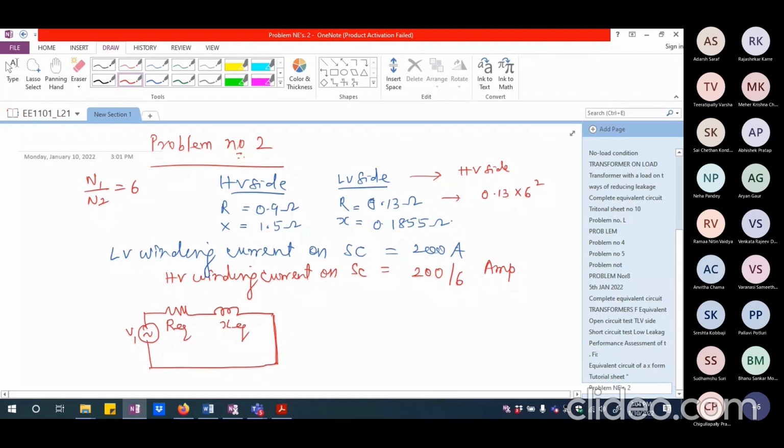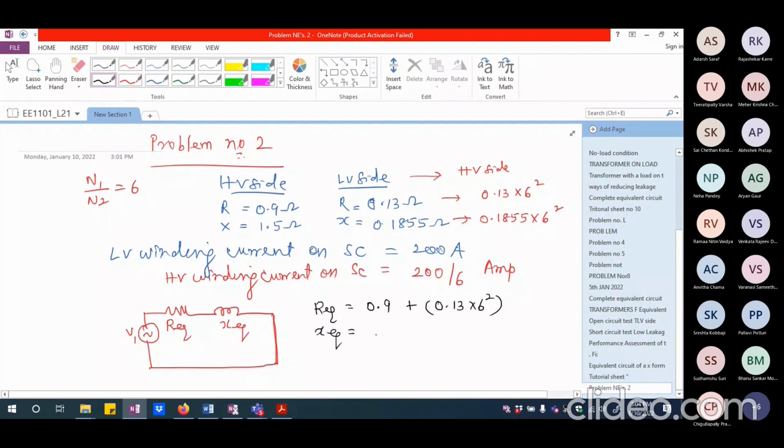I have to multiply it by always N1 by N2 whole square. So the same way this will also be multiplied by 0.1855 multiplied by 6 square. So I can write this as R equivalent will be equal to 0.9 plus 0.13 multiplied by 6 square.